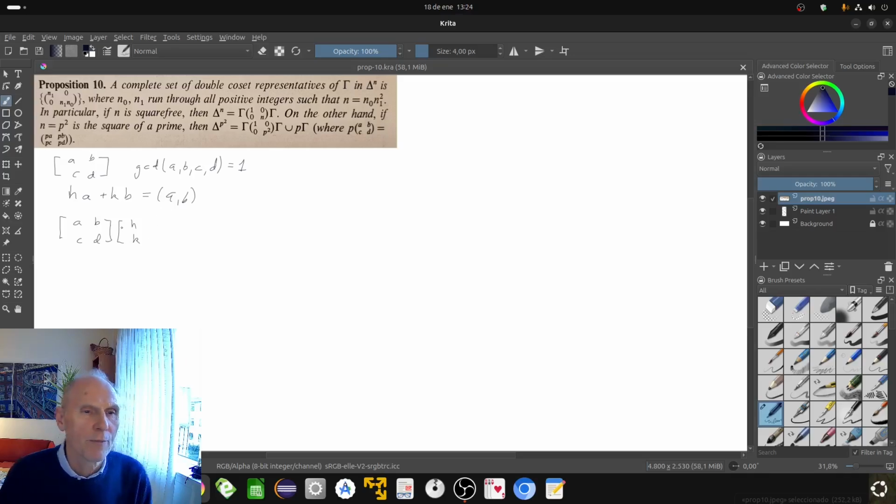And then we finish it. Oh, that can be done explicitly. This is A divided by the common denominator of A and B, and this is minus B. So that the determinant becomes 1.